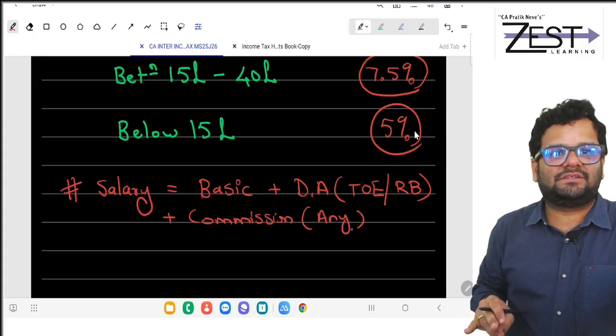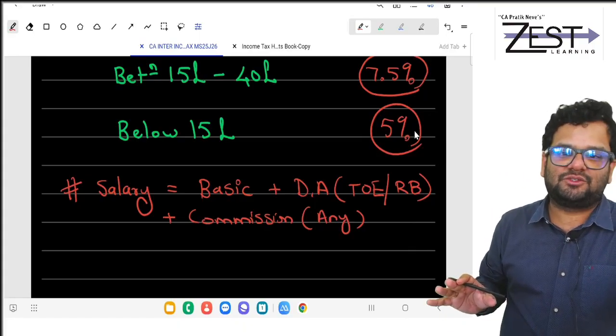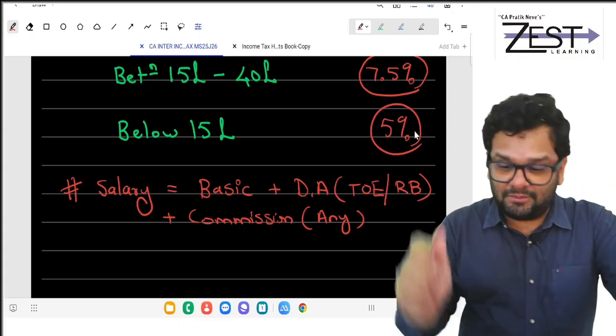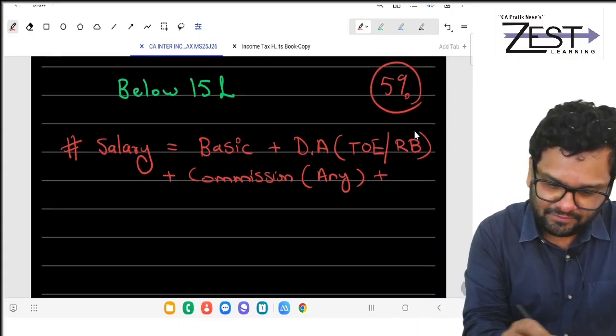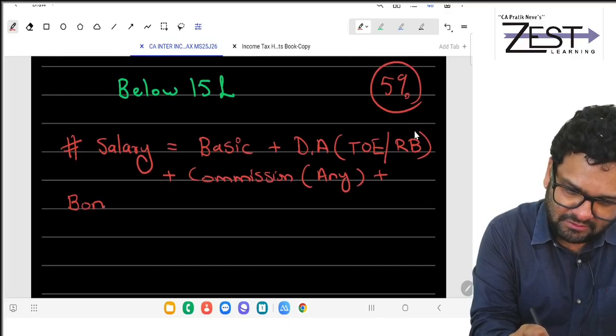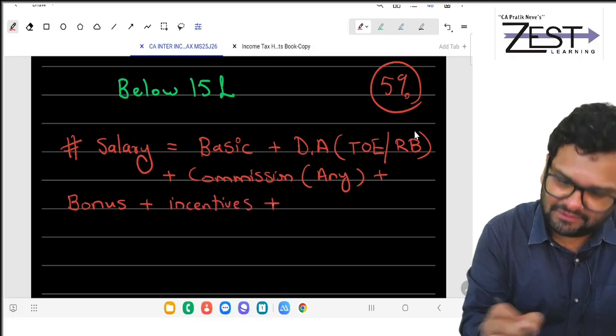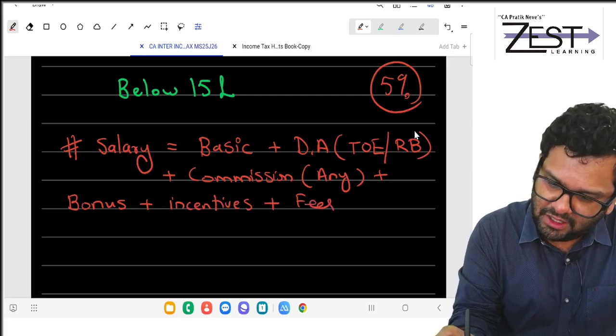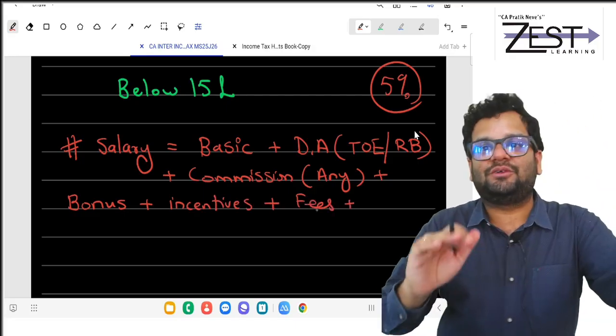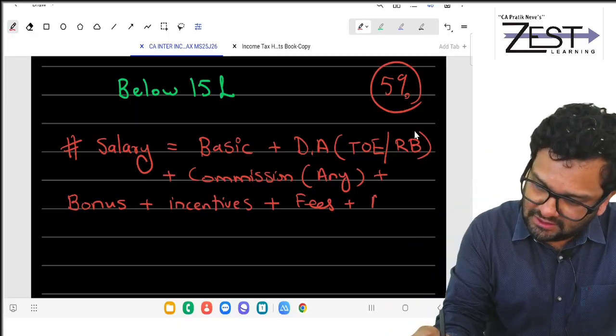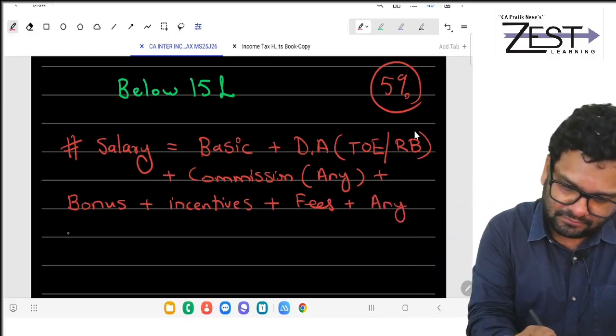Basic plus DA terms of employment plus any commission plus bonus plus incentives plus fees plus everything actually plus any other what?